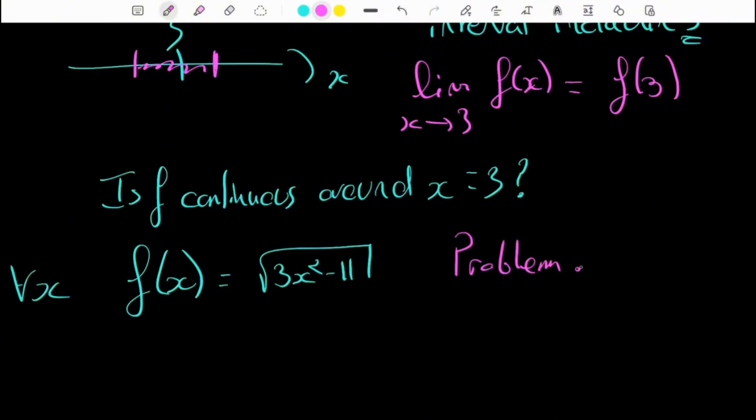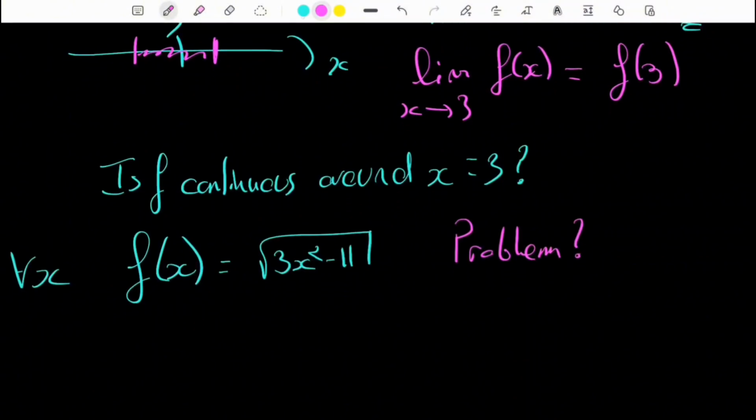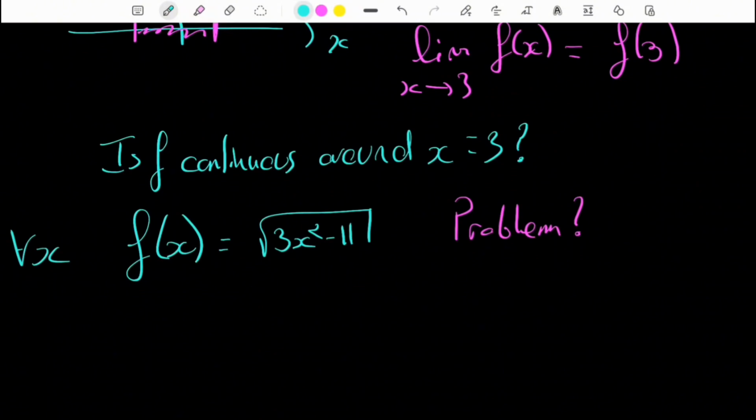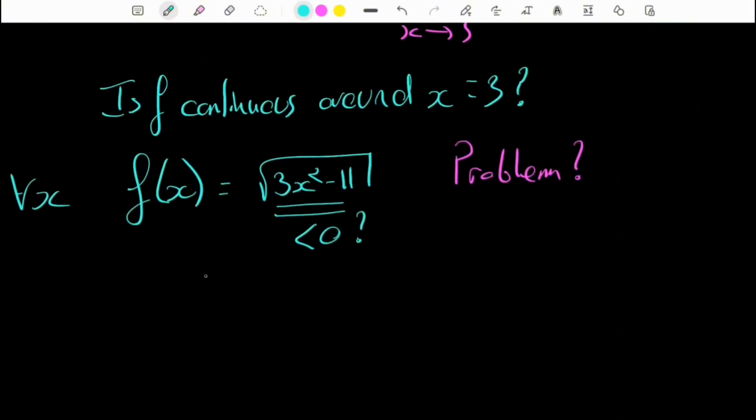So when do we have a problem? Okay, the square root function gives us some issues when what's under is strictly negative. So when would it be?